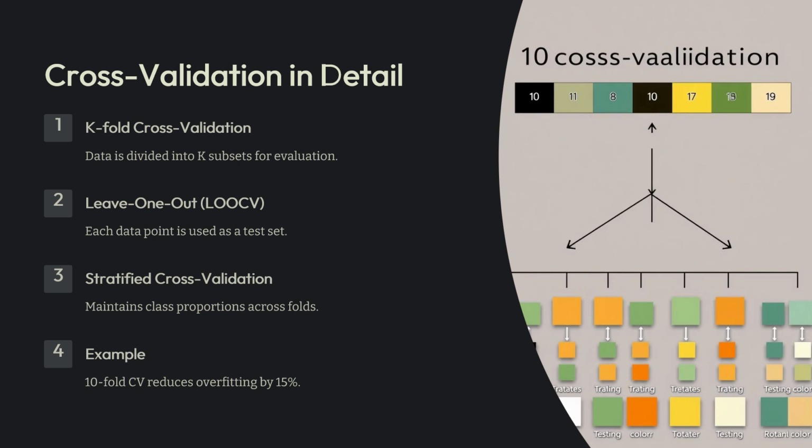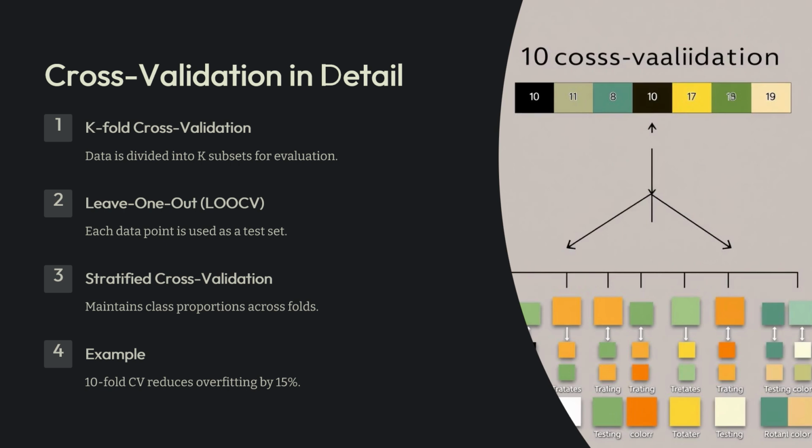Cross-validation deserves special attention. There are several types. K-fold cross-validation: the dataset is split into K parts. Each part is used as the test set while the rest serve as training data. Leave-one-out: an extreme version of K-fold where only one data point is left out at a time.